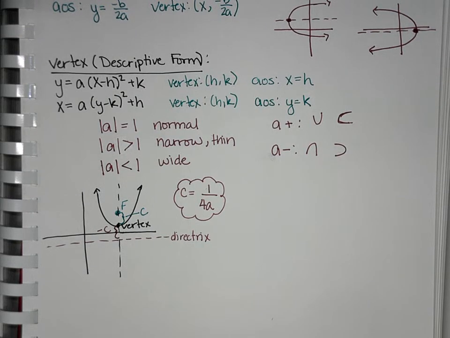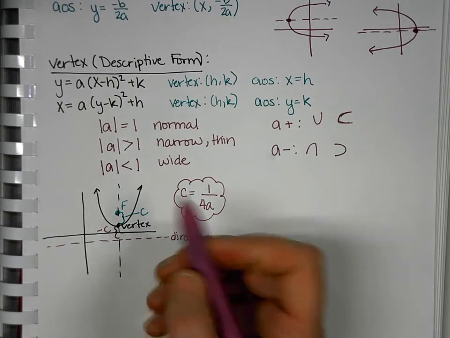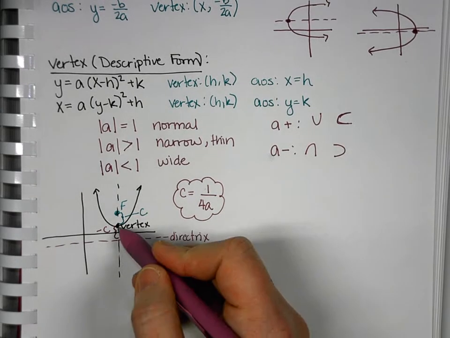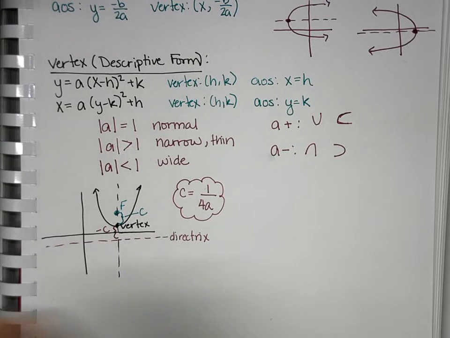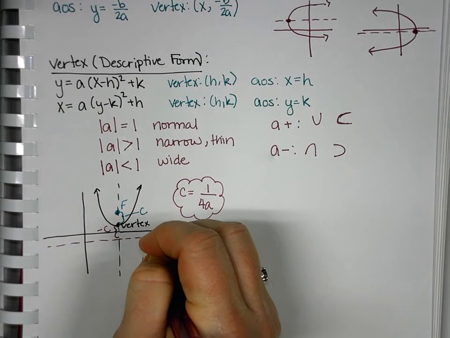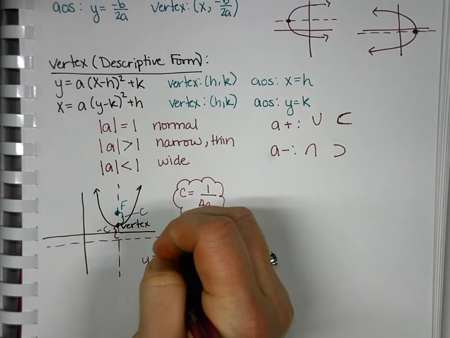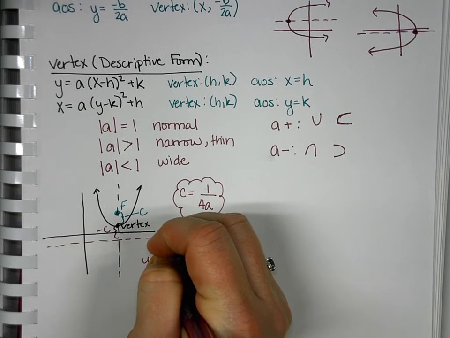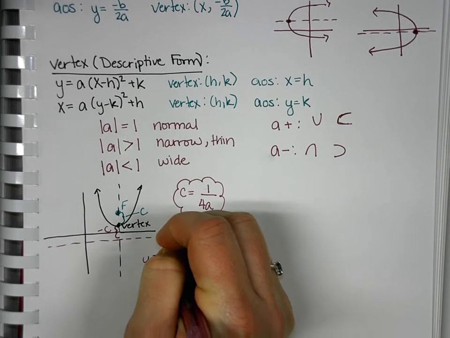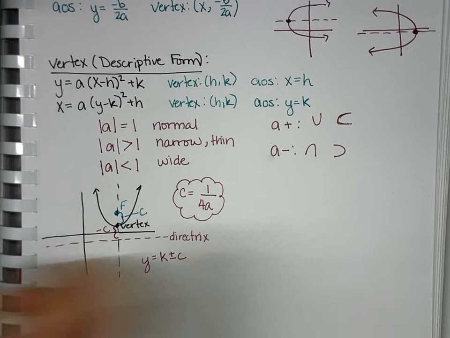And so when we have a vertical graph like this, to find that equation of the line, it's going to be y equals whatever your y value is plus or minus c, depending on the direction.